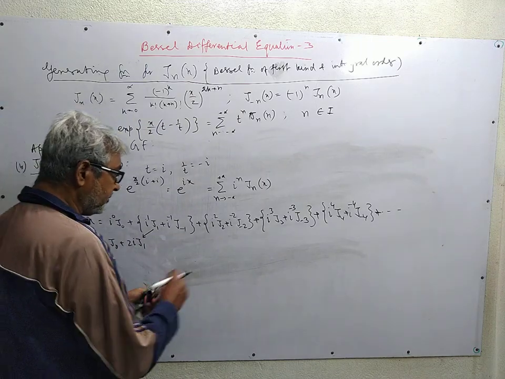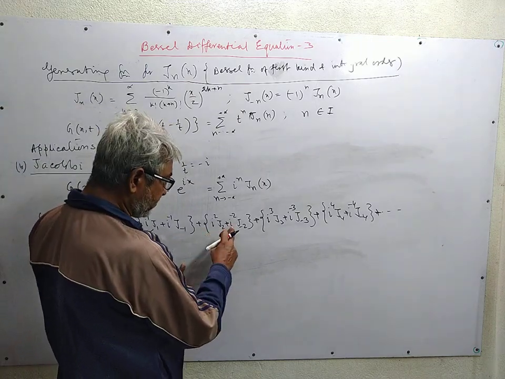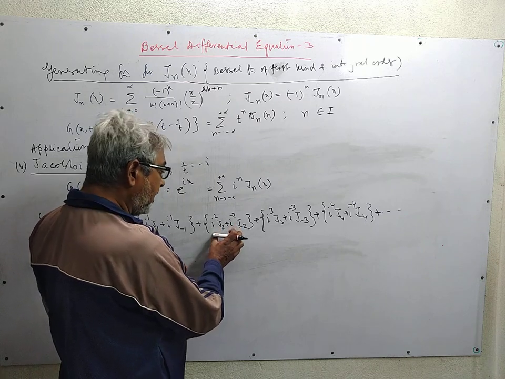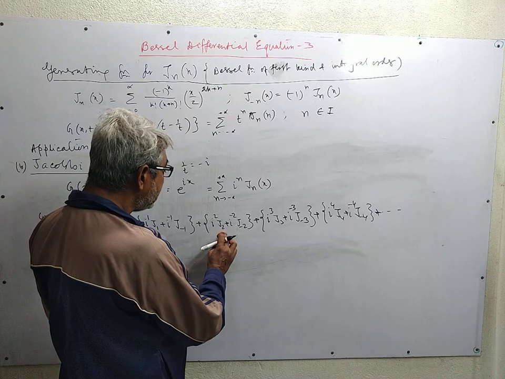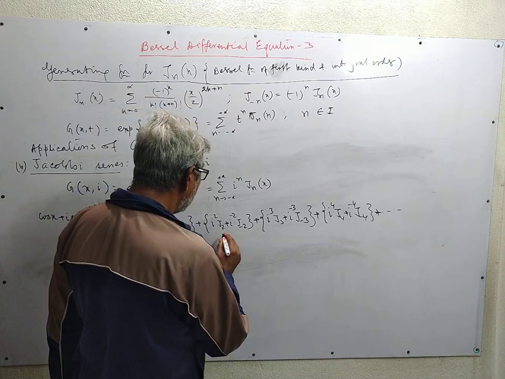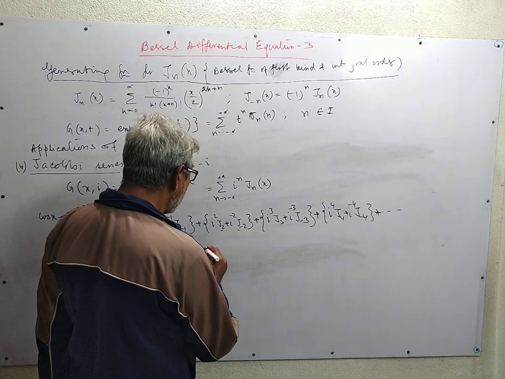Now coming to this term, i squared is minus 1, this is 1 by minus 1, this is again minus 1, and j of 2, j of minus 2.